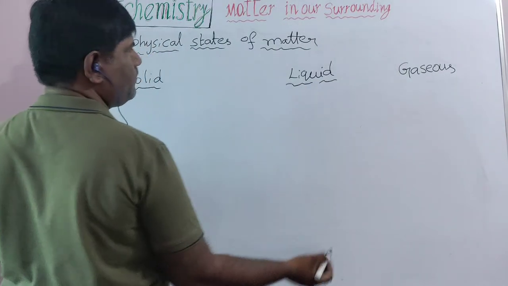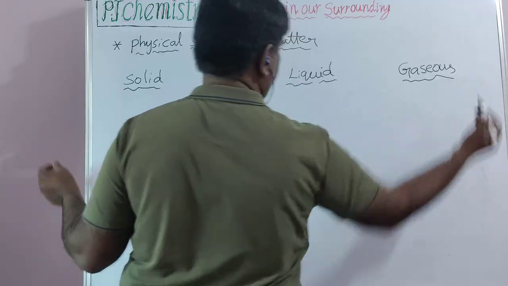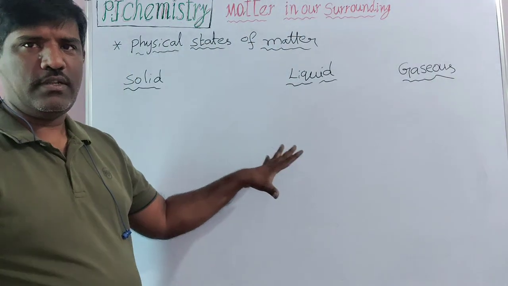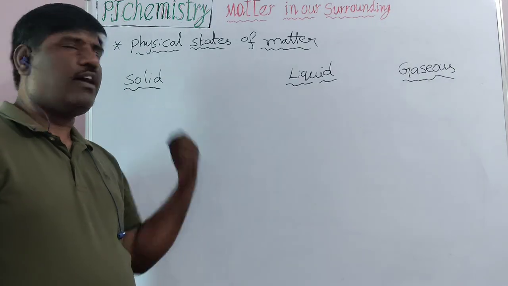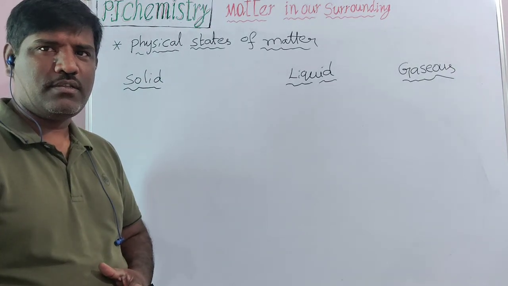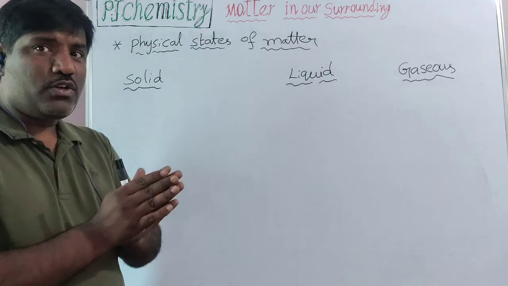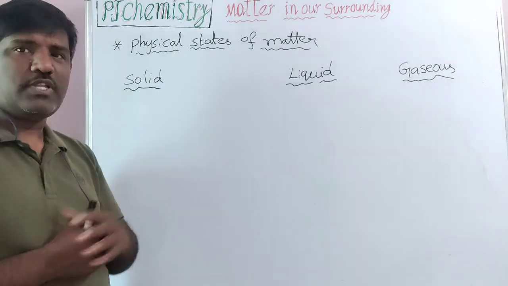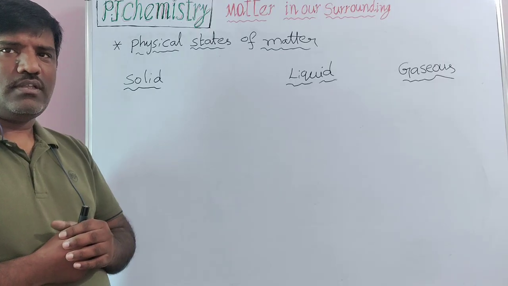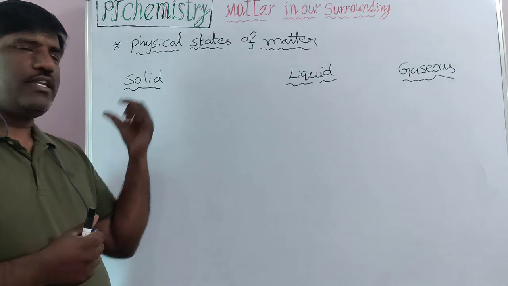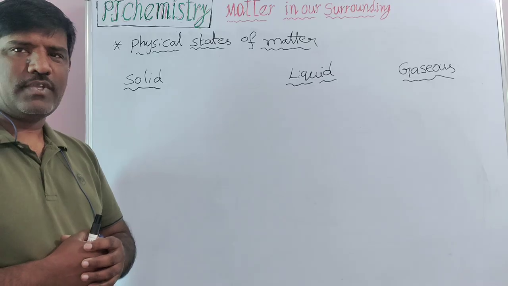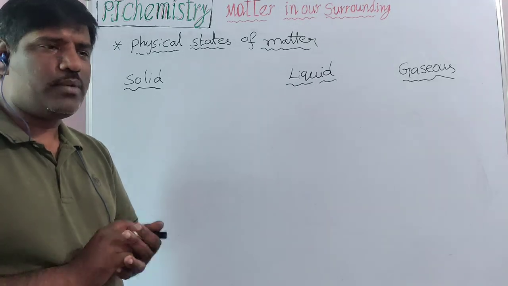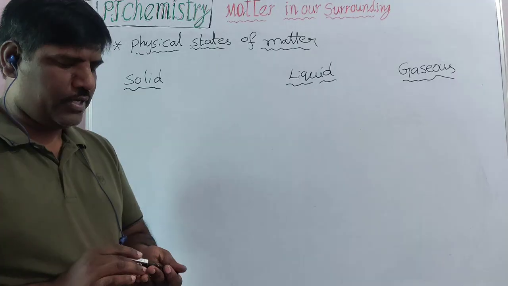Solid state. For example, consider this board. I can write on this because there is no space between the particles. That is why I can write clearly on it. If any space is there, like in water, will you be able to write on water with a marker?